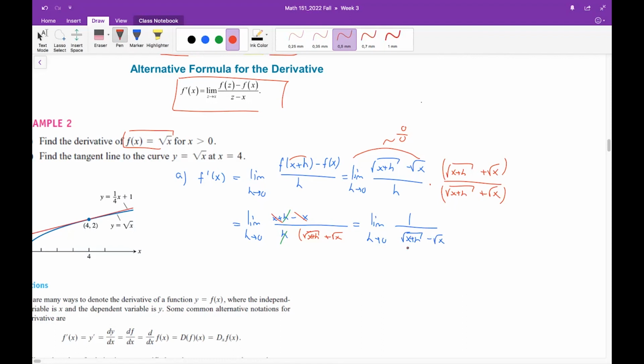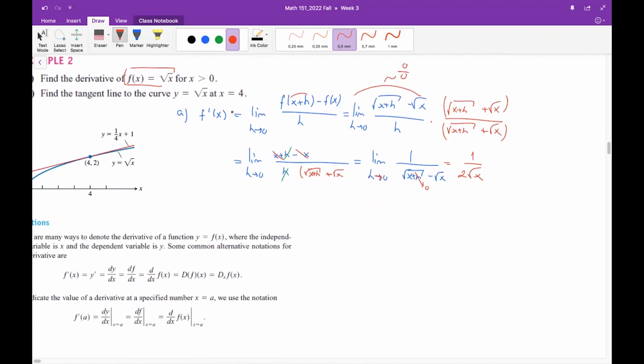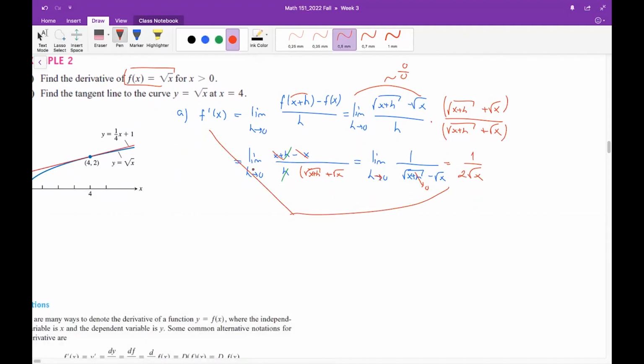Okay, if you send h to 0 now, here this part goes to 0, and then you find your result as 1 over 2 square root of x. So you see, by computing this limit, we find, in fact, the first derivative function of square root of x, okay?